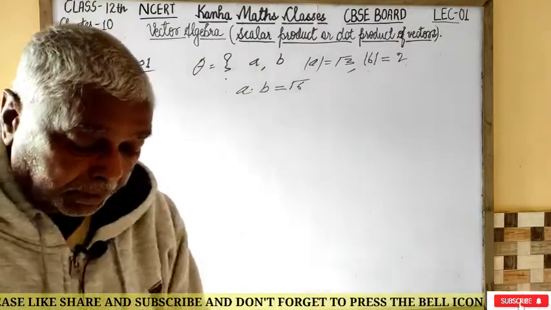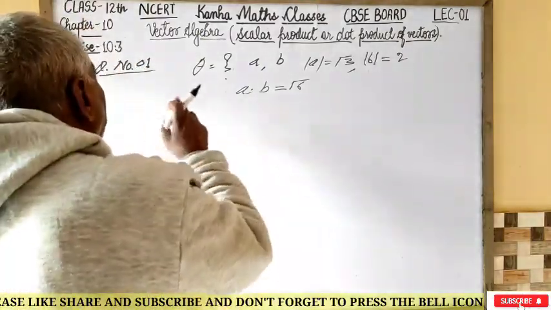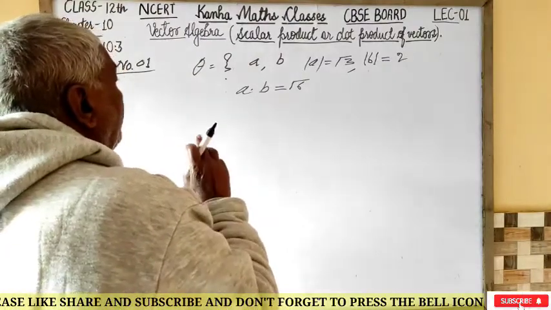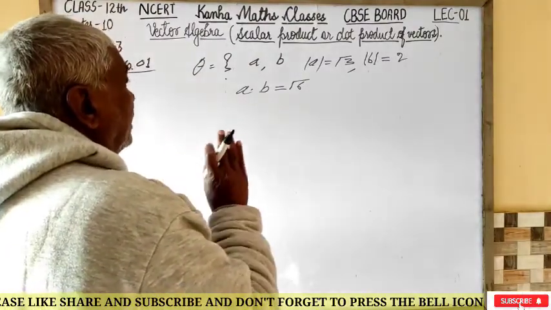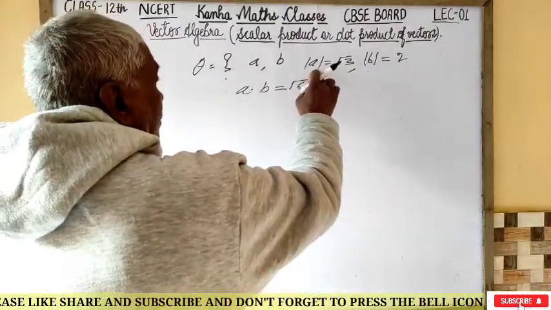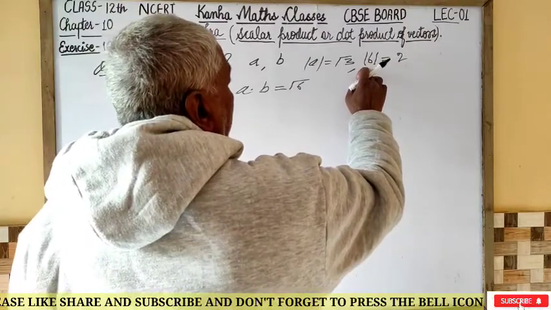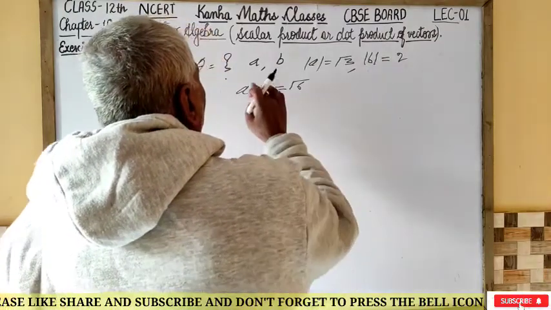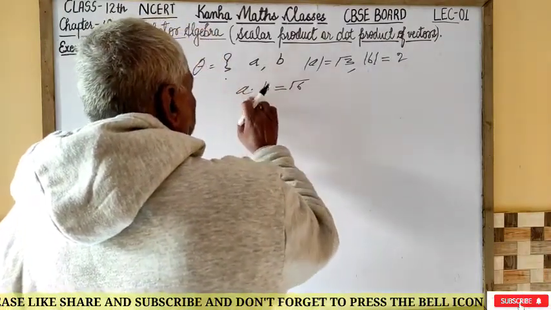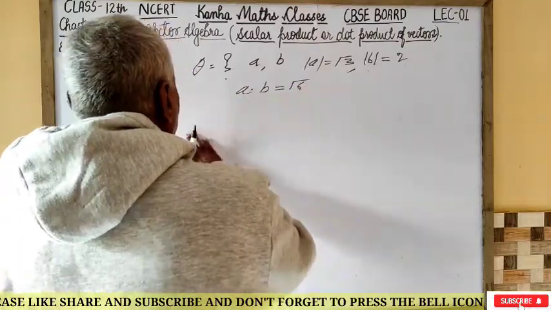Dot product of vectors: if there are two vectors A and B, as in question number 1, we have to find out the angle between the two vectors A and B such that the mod of vector A is √3, the mod of vector B is 2, and the dot product A dot B is √6.